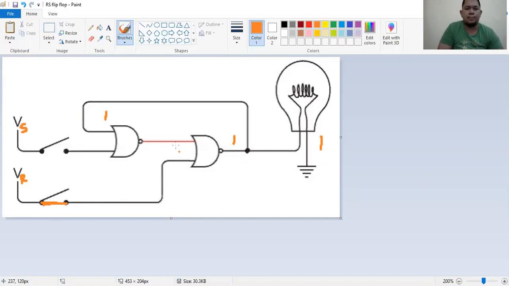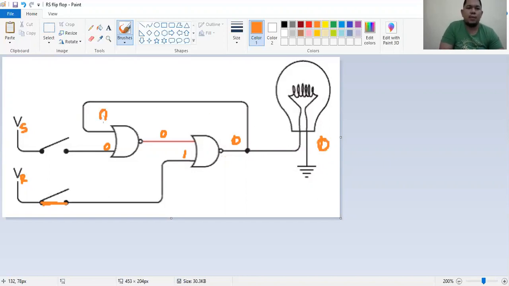This becomes a 0, so it becomes 1 or 0. Let's focus on the NOR gate on the right. So this becomes 1 and 0. 1 or 0 becomes a 1, and invert that becomes a 0. So we have essentially changed the value to 0.